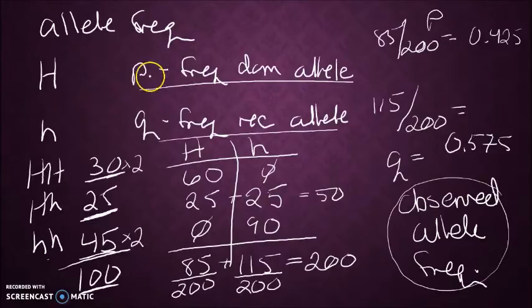If p is the frequency of the dominant allele and q is the frequency of the recessive allele, then p plus q has to equal 1.0 for any given population. Our female population is going to be p plus q, and our male population is going to be the same, p plus q. Both of those equal 1.